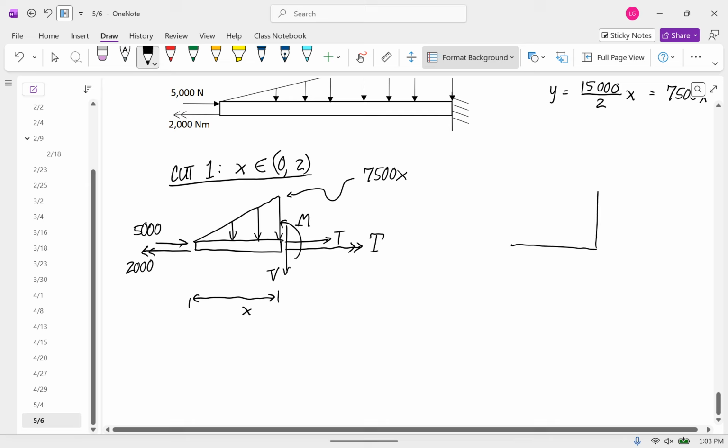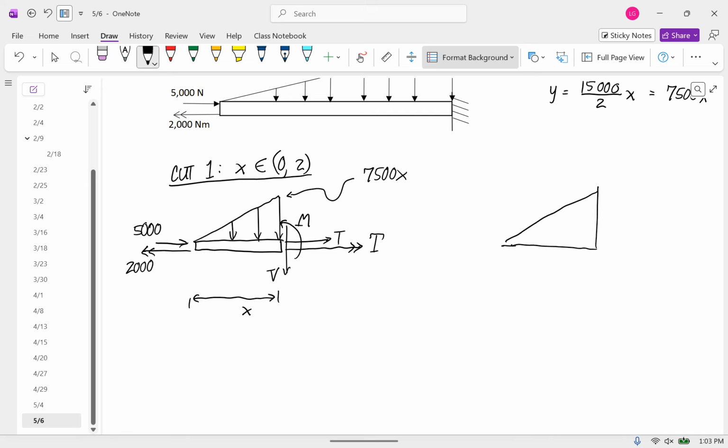And before I can do the calculations, I have to represent my distributed load as a point force. So we know that since this is x, this distance is 2/3 of x. And this height is 7,500x. And so the area is x times 7,500x over 2.